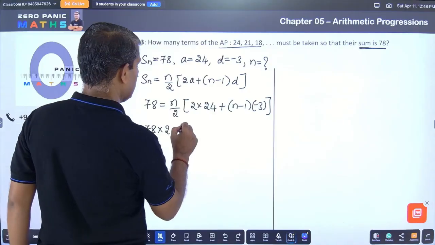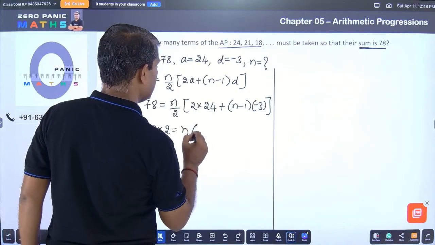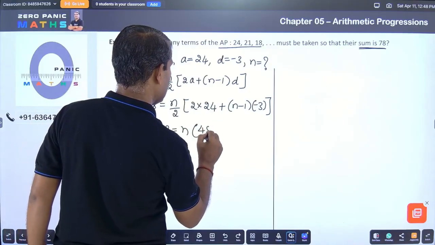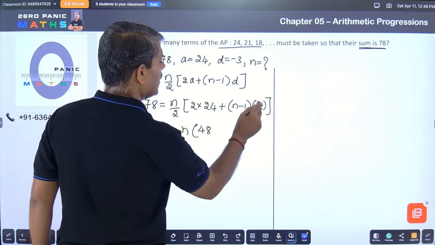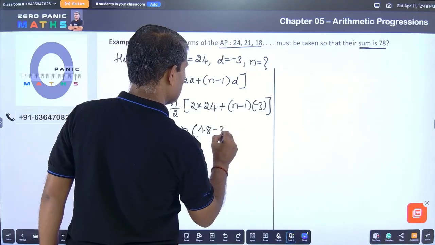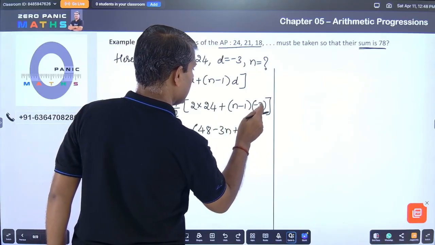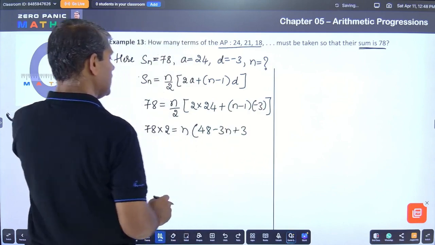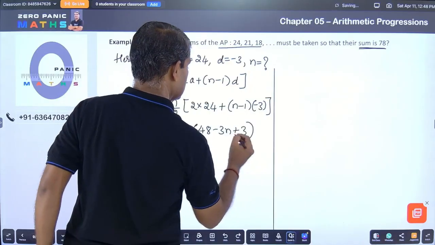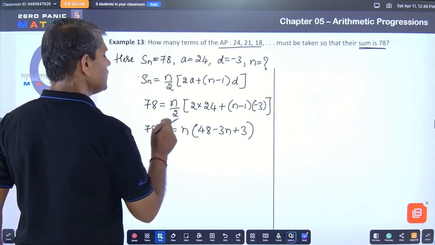Keep n outside, and say it is 48, and this is minus 3n plus 3. I'm multiplying minus 3 to n minus 1. So that will be 48 plus 3, which is 51.